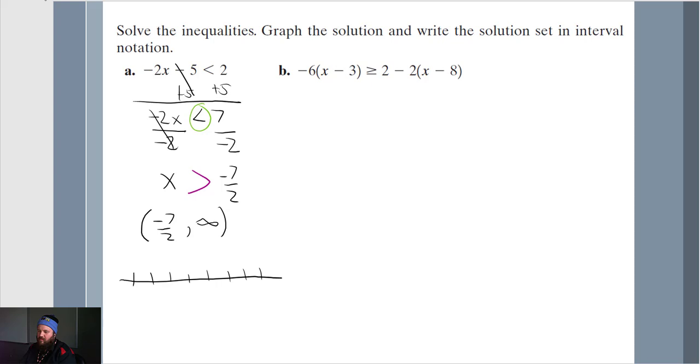So we'll start out with saying -4, -3, -2, -1, 0, and going forward like this, 1, 2, 3. Okay? And we're going to say that we've got -7 halves, so it's a little over -3, so somewhere in there, and it's greater than, so it's going this way.